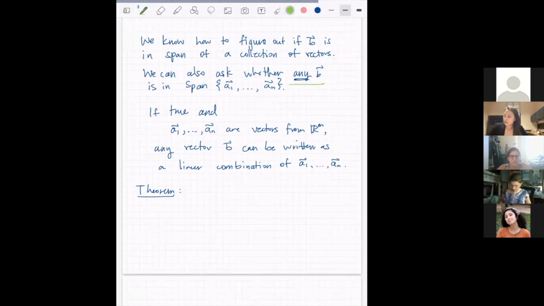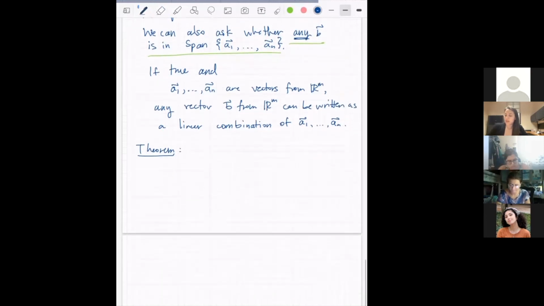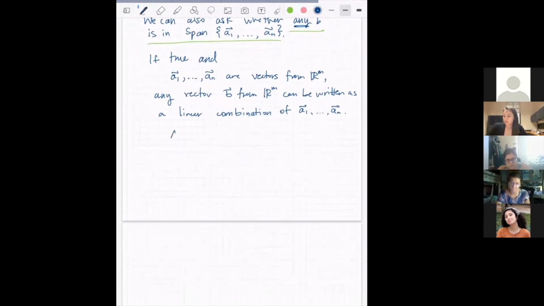I'm just making it explicit that I should have written this here: any vector B from Rm can be written as a linear combination, and also that the span of A1 up to AN is in fact equal to Rm.